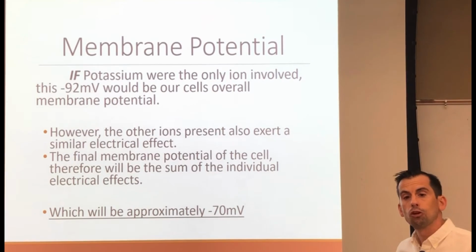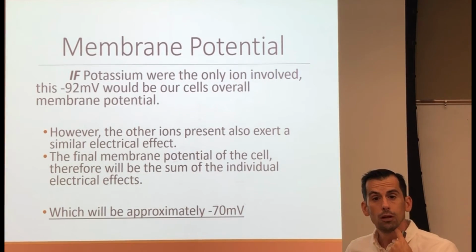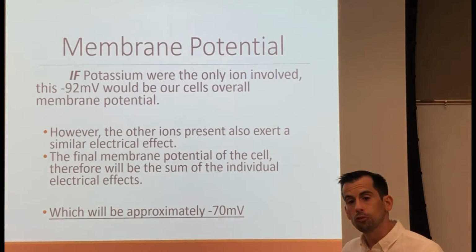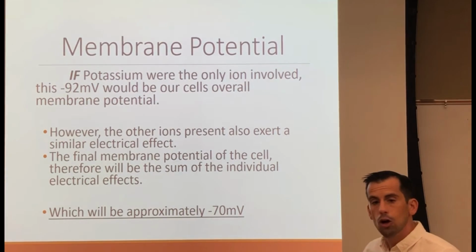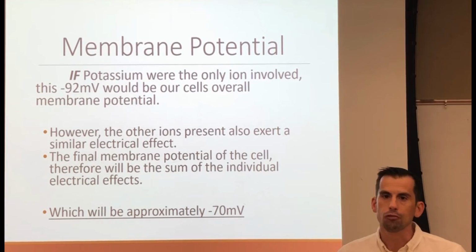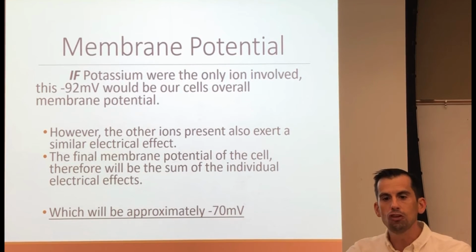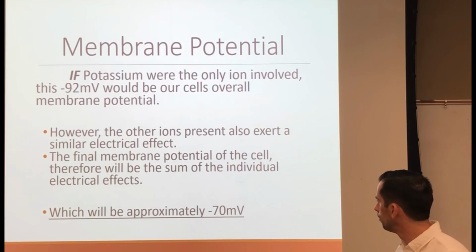So the membrane potential that we had for potassium of minus 92 millivolts, that is created only by the movements of potassium. When all these other ions undergo very similar phenomena, we wind up seeing an overall membrane voltage, an average, if you will, of the individual influences of all of those isolated ions.